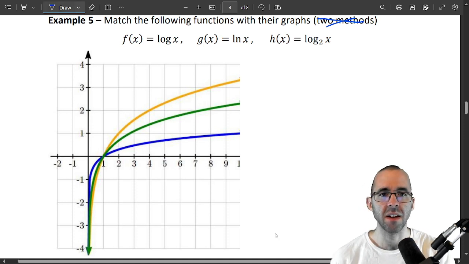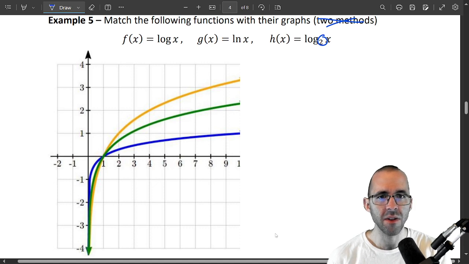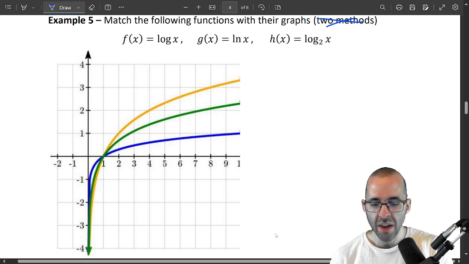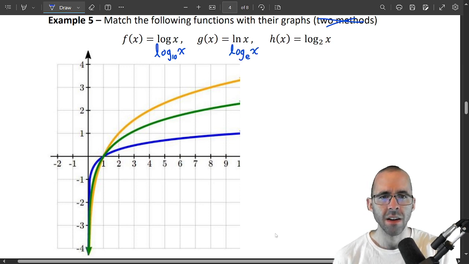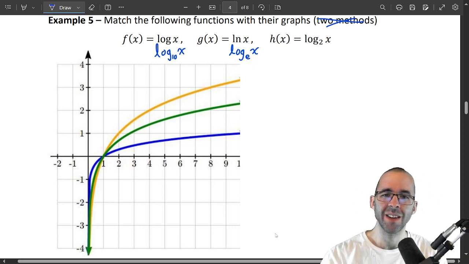What are our bases here? I only see one base written down. What are the other 2 bases? Well, remember that the common log is log base 10. The natural log, ln, is log base e. What was e again? It was Euler's number.